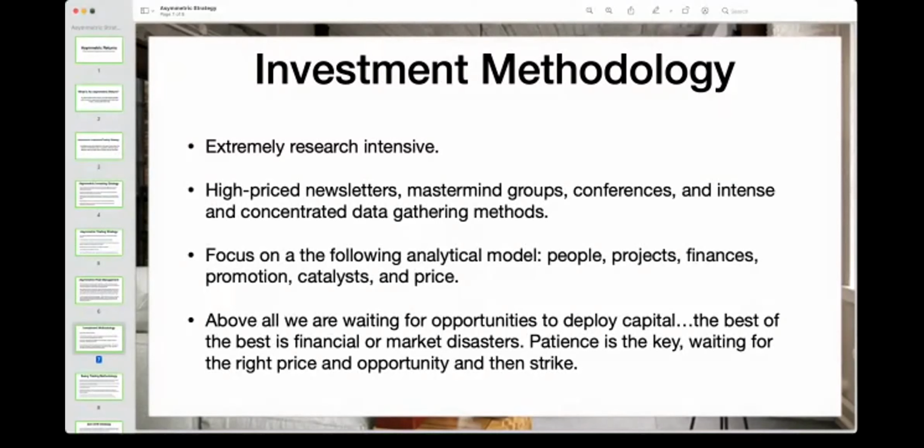What it really takes is an incredible amount of research and a lot of research items, I guess. And that's what this next one is.